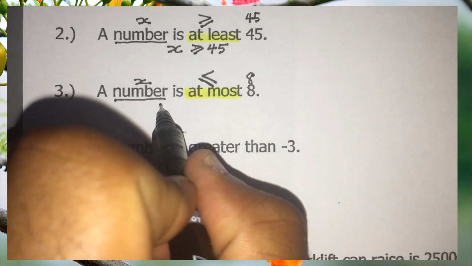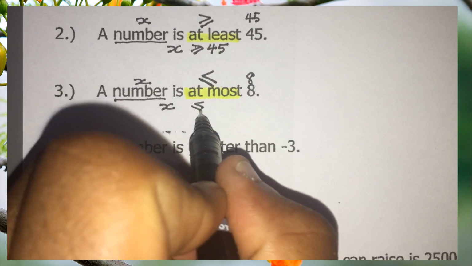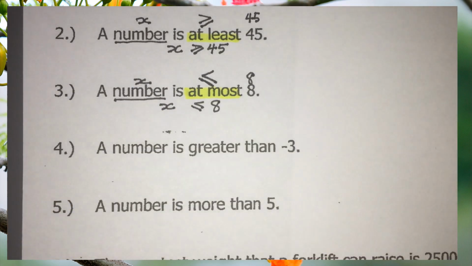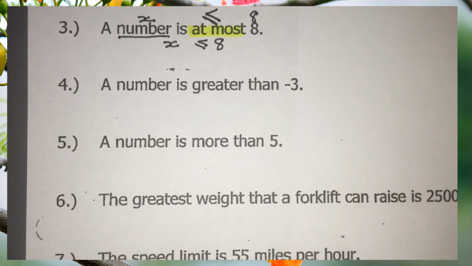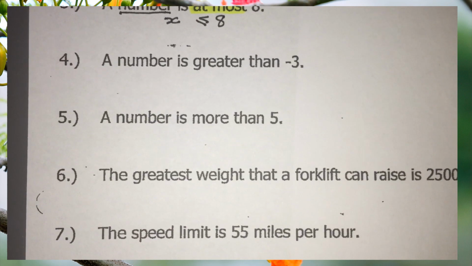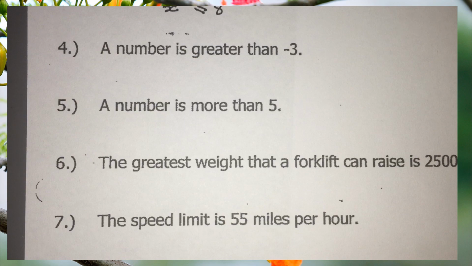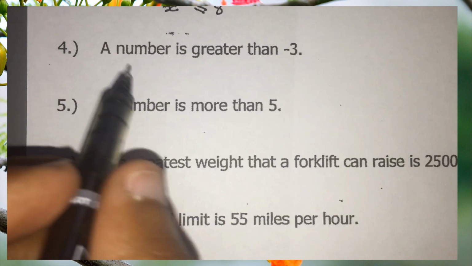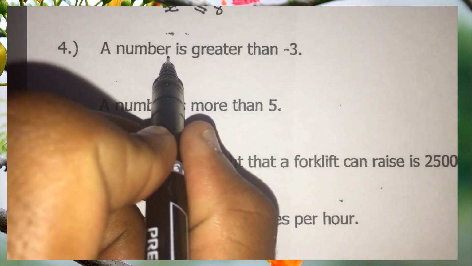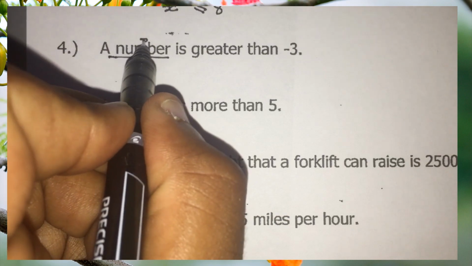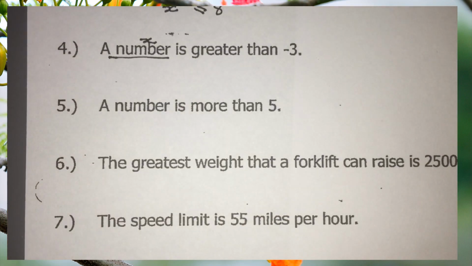Not that hard, right? Just think about it logically and it should come to you. And remember that the alligator mouth is open towards the larger number. You will always get it once you see that. All right, let's look at this one now. A number we don't know, we're going to call it x, is greater than -3.